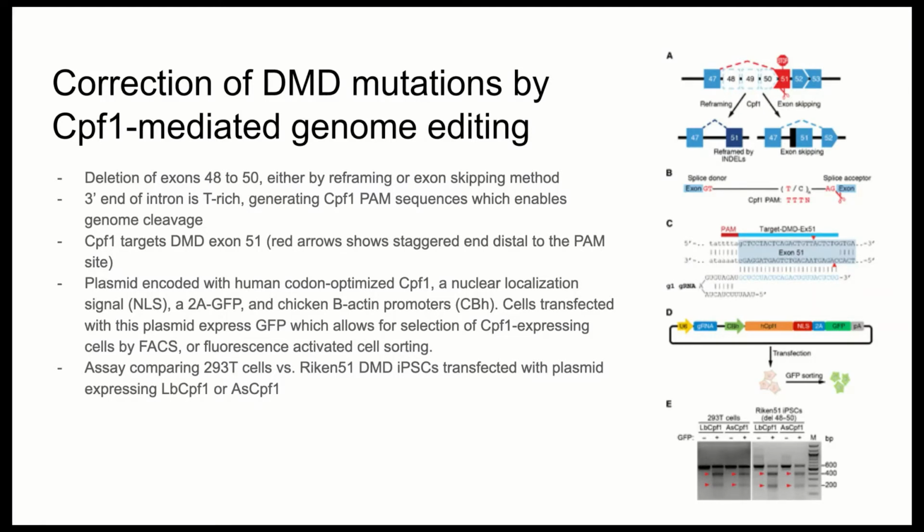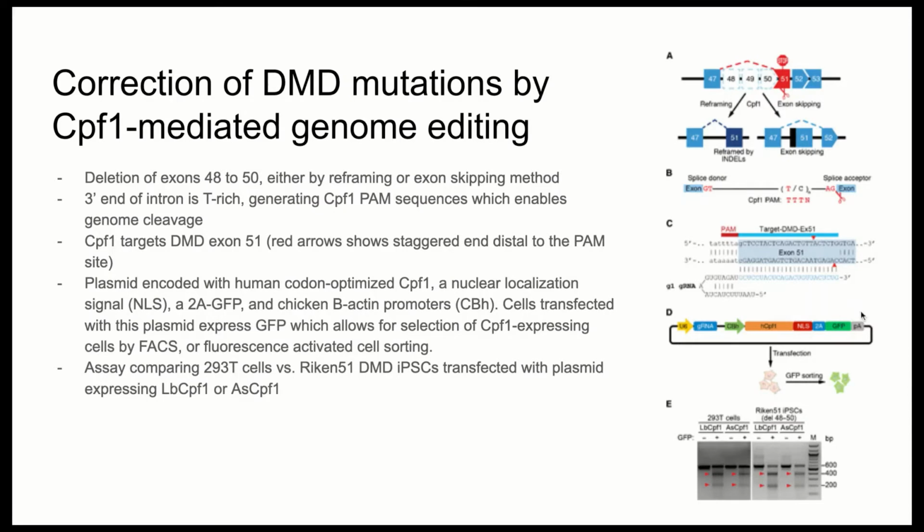And in part B, you'll see the 3' end of the intron is T-rich, generating CPF1 PAM sequences, which enables genome cleavage. And then you'll see in part C that CPF1 targets DMD exon 51, and these red arrows show the staggered end distal to the PAM site.